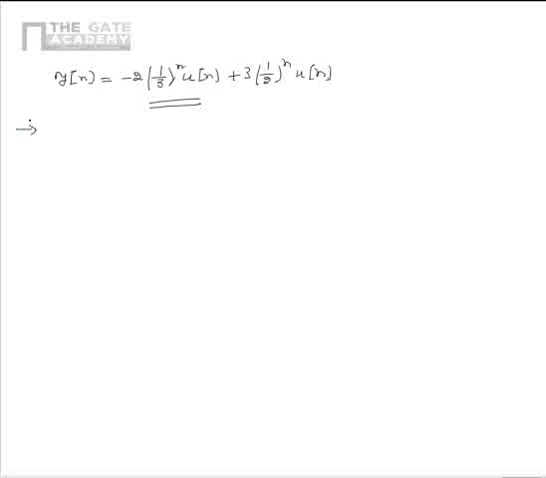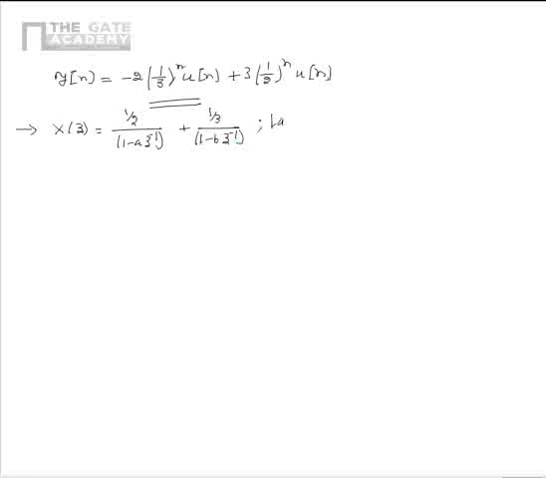Now let us consider another problem as per which the z transform of a signal x of n is given as X of z is equal to 1 by 2 divided by 1 minus a z inverse plus 1 by 3 divided by 1 minus b z inverse.